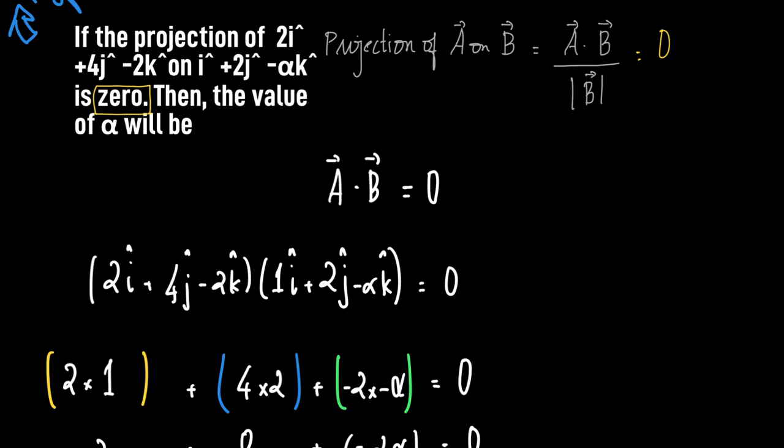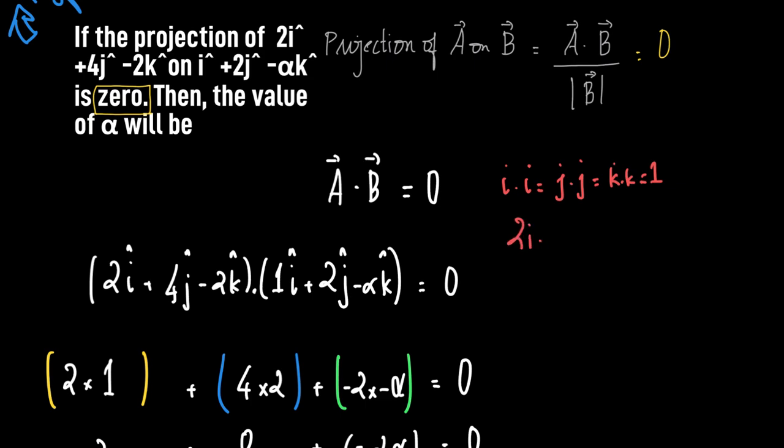Now, if vector A dot vector B is equal to 0, the given two vectors 2i plus 4j minus 2k, my bad, it should be dot i plus 2j minus alpha k is equal to 0. Now, how do we take the dot product? So we know that i dot i is equal to j dot j is equal to k dot k is equal to 1, right?